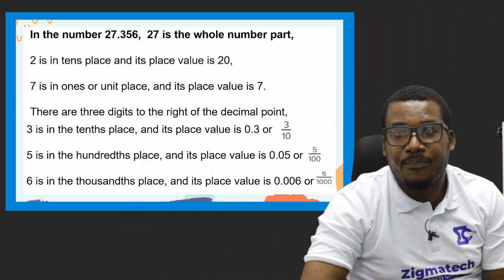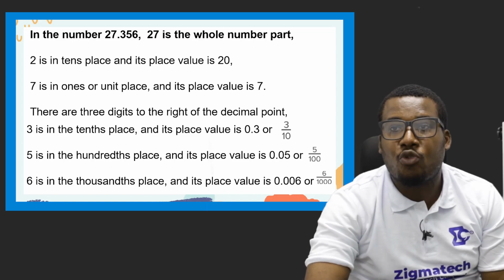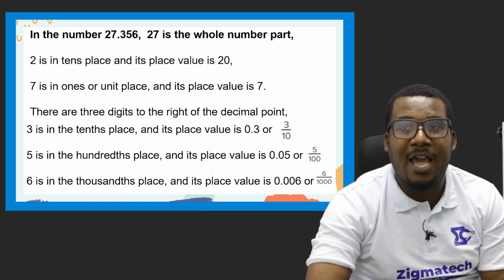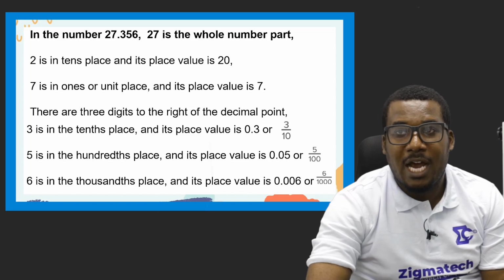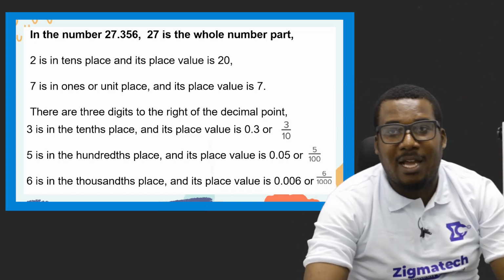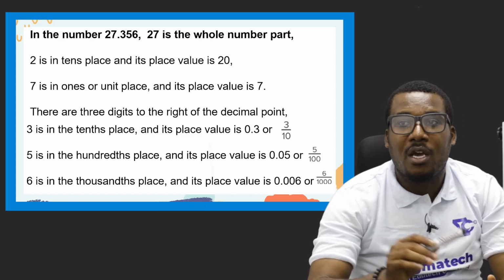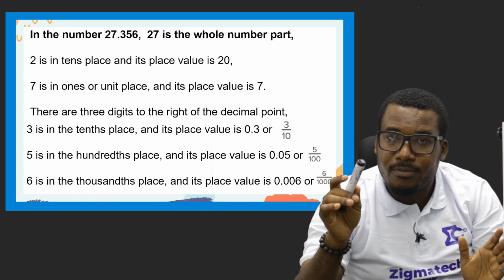Now let's see an example. You're having in this case, in the set of numbers, 27.356. Now you notice that digits to the left, as we earlier established, are whole numbers. Hence, 27 is whole number.